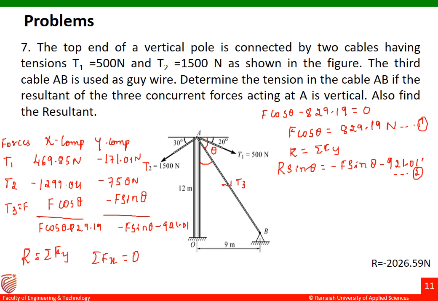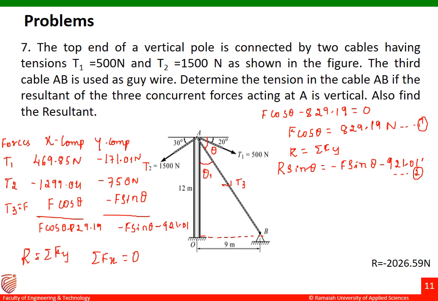Okay, so you can see here, this is the angle made by the force T3. Let us find out this angle theta 1. I'll just draw a line like this. This will become a triangle OAB over there.